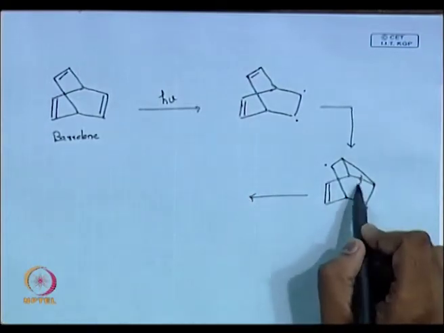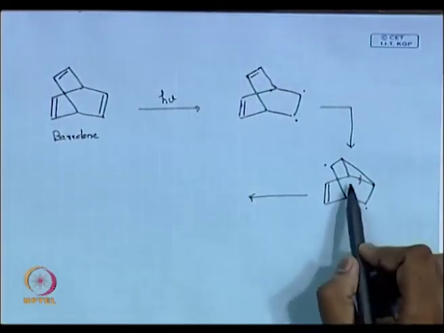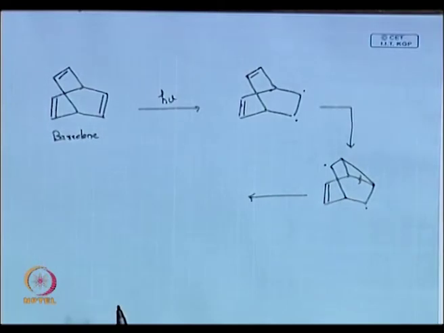If I break this one, for example, I will get a radical at this position, which is again a stable type of radical.